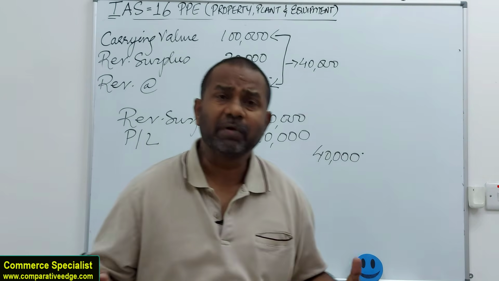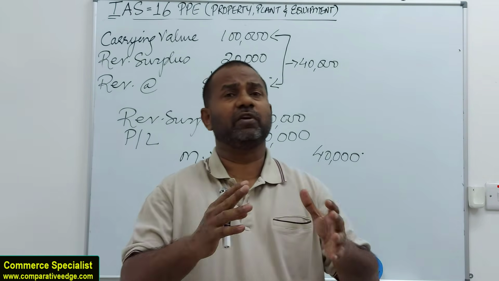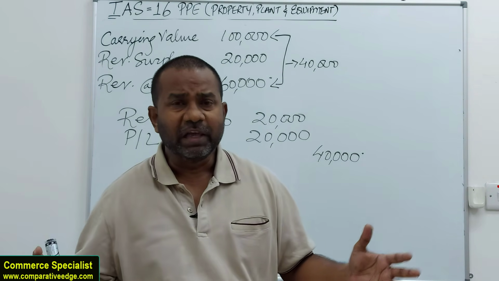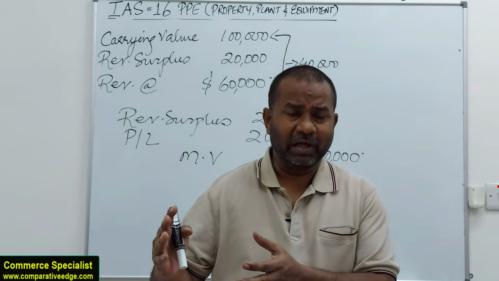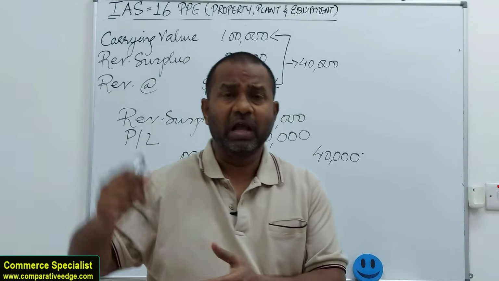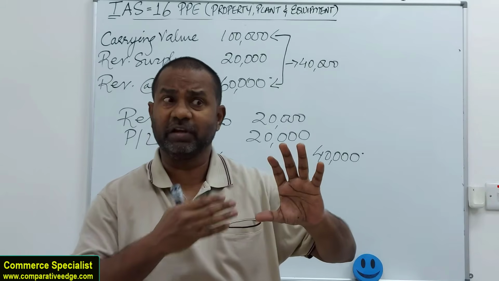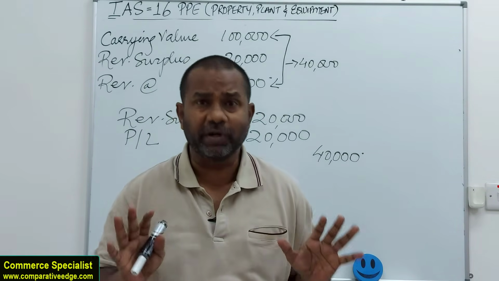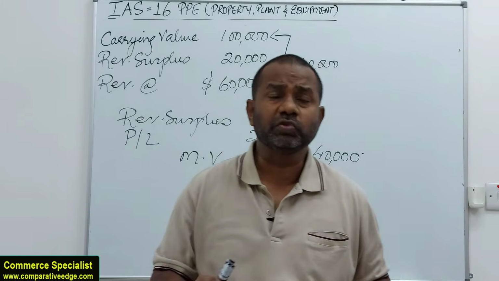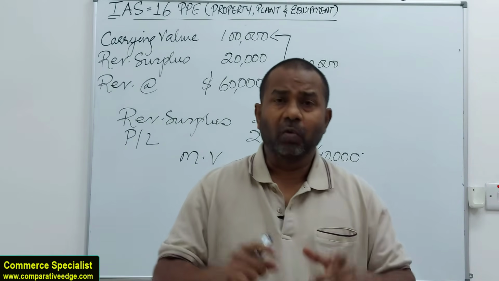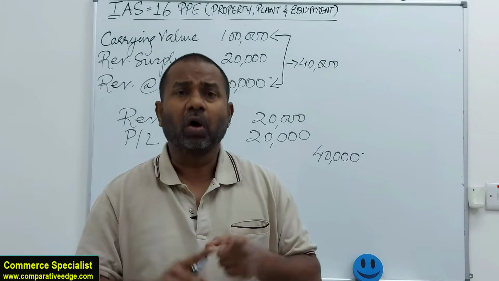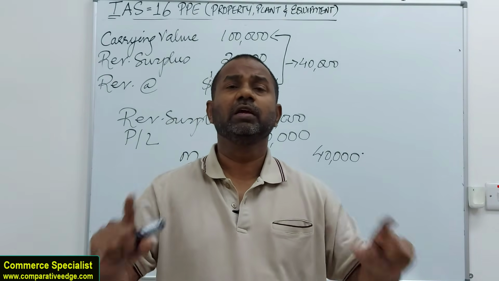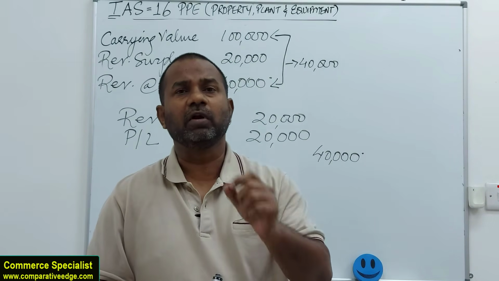For example, if a company has 10 different buildings, if building A they are revaluing and there is a revaluation surplus on that, and on building B they think if they revalue it will have a downward revaluation, they leave it. They can't do it. They cannot pick and choose. They cannot be selective. Once an asset is revalued, all the assets in the same category are to be revalued at regular intervals.